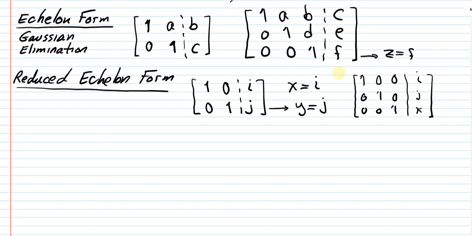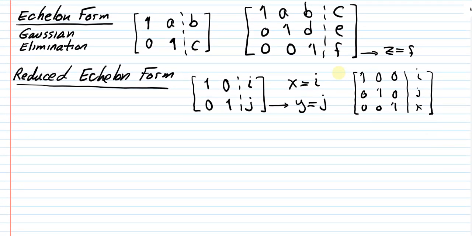And in order to go from echelon to reduced echelon form, we use what is called the Gauss-Jordan elimination method, named after Carl Gauss. So that's how we get it in the reduced echelon form.